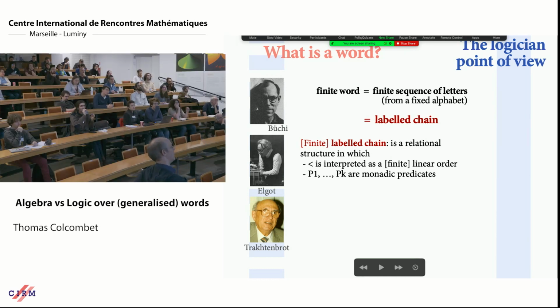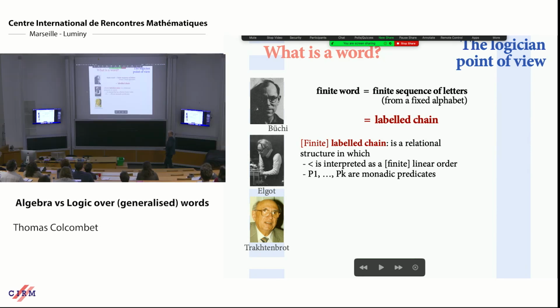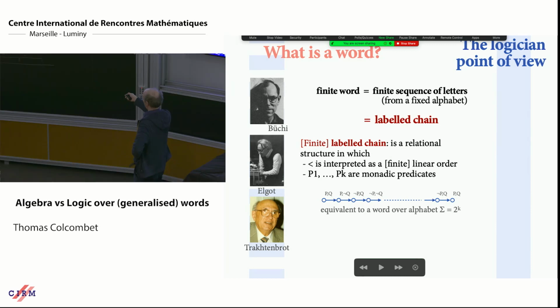So you have one binary symbol that is interpreted as a finite linear order, and you have unary predicates which hold on each position. When you see a model here, I did not draw the total linear order, I just drew the successor. But you can say the first point satisfies P and Q, the second P and not Q, and so on. And the linear order gives a structure and gives the sequence of elements.